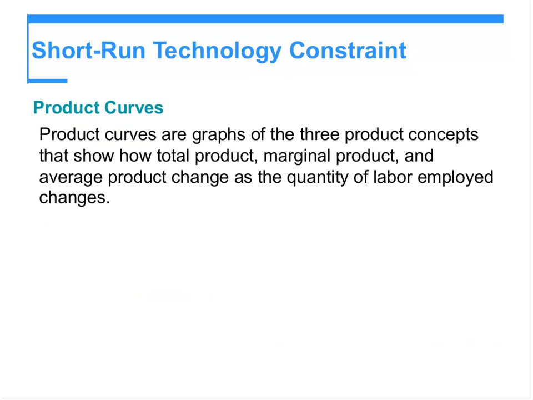Mistakenly, we went back to the previous one. So we come back to short-run technology constraint, product curves. Product curves are graphs of the three product concepts that show how total product, marginal product, and average product change as the quantity of labor employed changes.